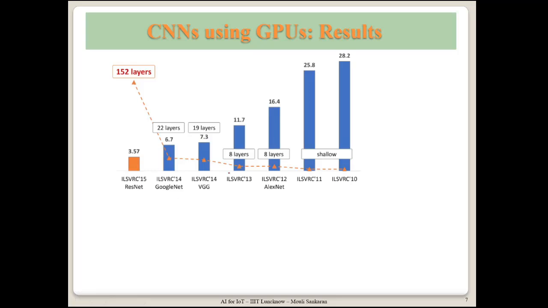Okay. Now, to understand this picture, this is what was done in 2010, and the number of layers used in the CNN was very low, and this number gives you the error rate. Suppose it identifies wrongly.